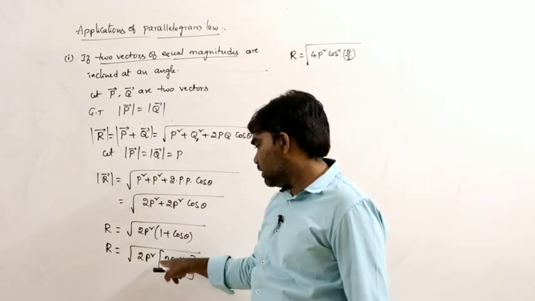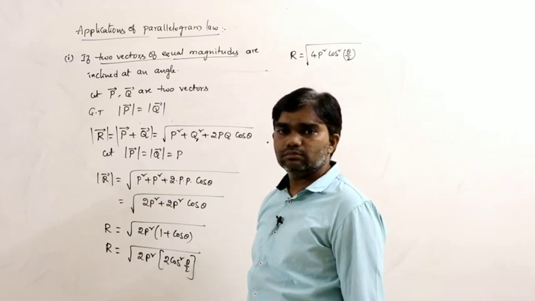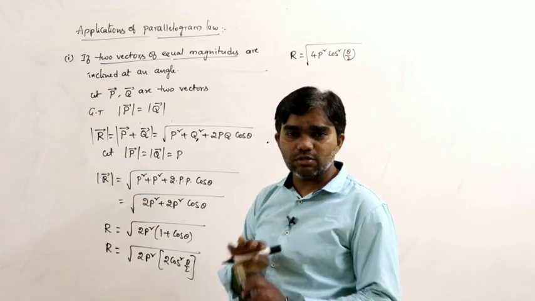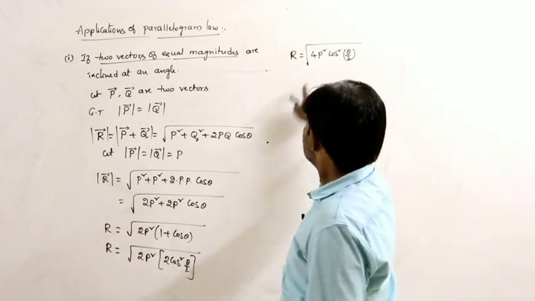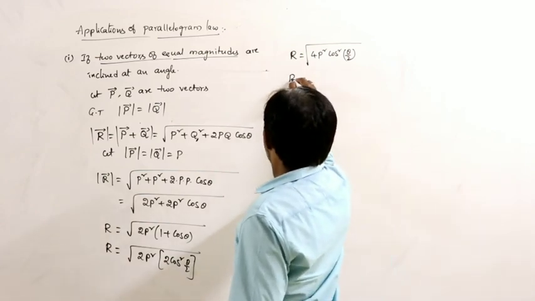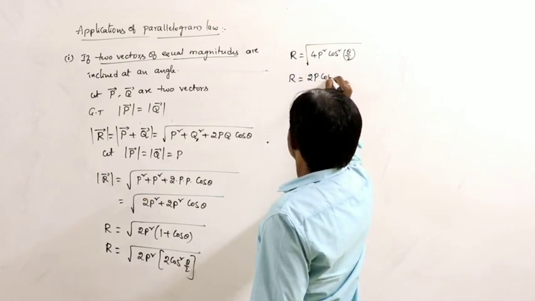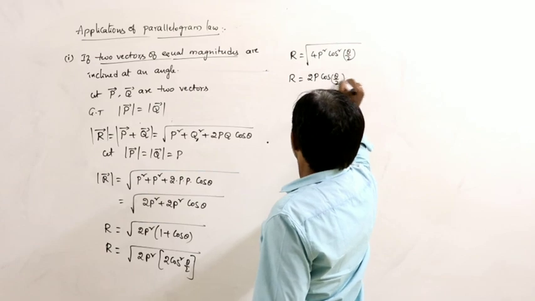Don't cancel this 2 and this 2. Some people blindly calculate that these two must cancel. It is a blunder. So that is 4p square cos square theta by 2, and r is equal to 2p cos theta by 2.